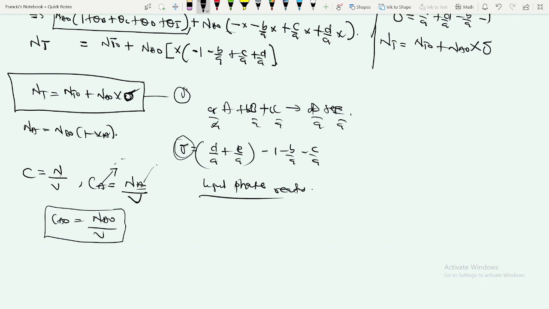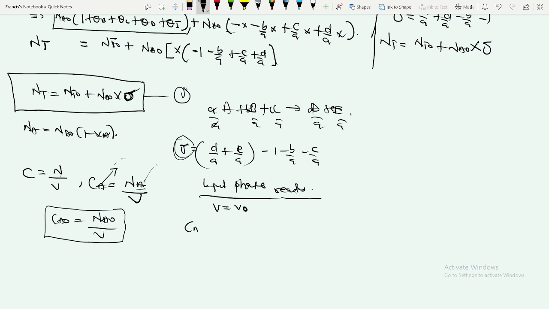So with the liquid phase reaction, if the reaction is occurring in a rigid steel tank or in a rigid reactor, it means that our volume is constant and doesn't change. So our V will always be equal to our initial volume. This is the volume of the reactor, it wouldn't change.